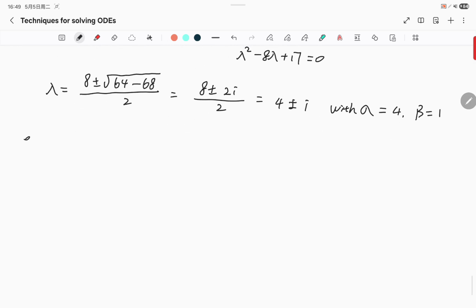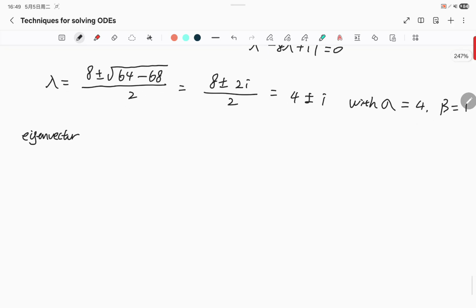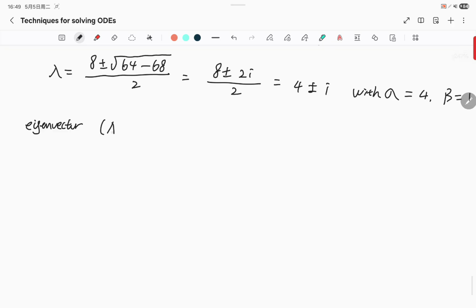Now we do the eigenvector. We have, again, same thing, (A minus lambda I) times (k1, k2) is equal to 0. But the thing is, which lambda are we gonna take? We have a plus or minus, right? So by default we do plus.